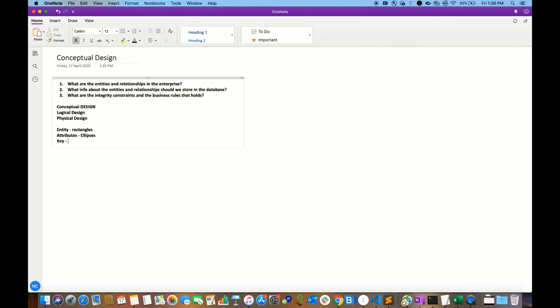A super key is a set of attributes, one or more, that collectively identifies an entity in an entity set. So the keys consist of two types: super key and primary key. A primary key is one of the candidate keys chosen by the database designer to uniquely identify the entity set. The identifier key should be underlined.